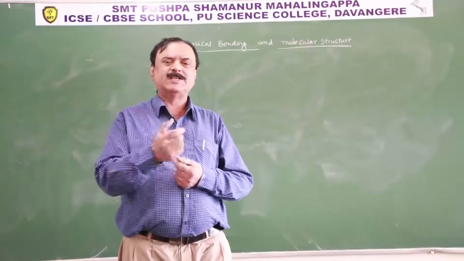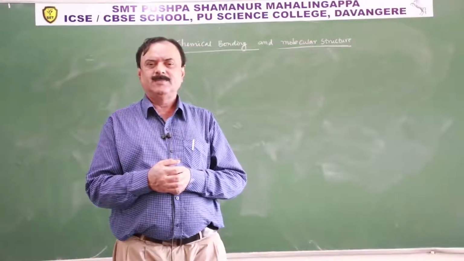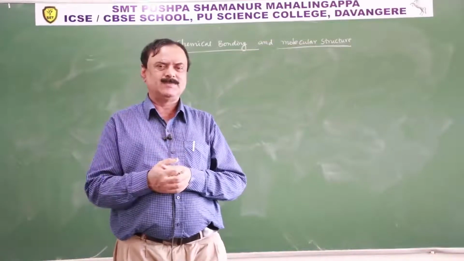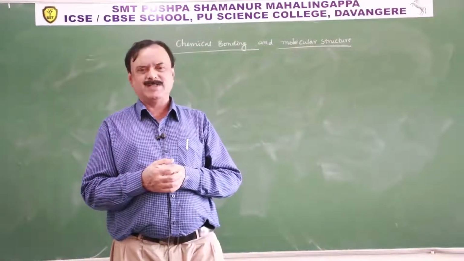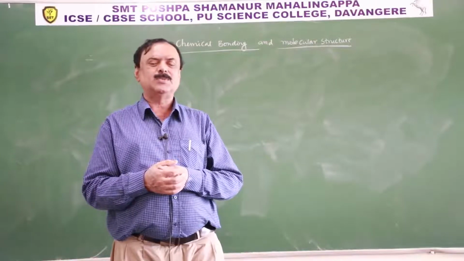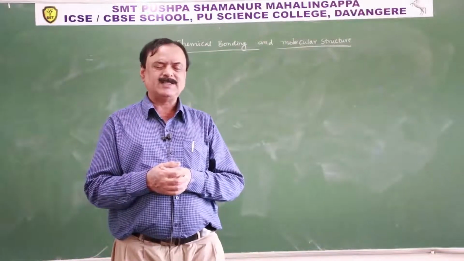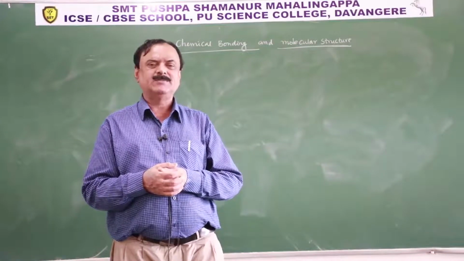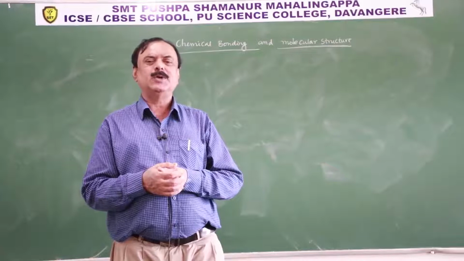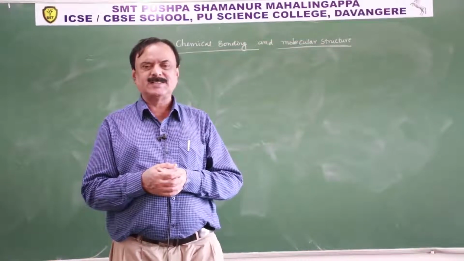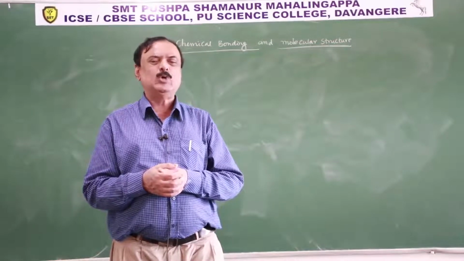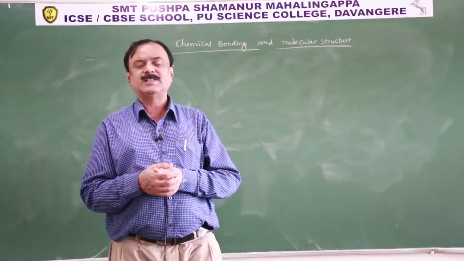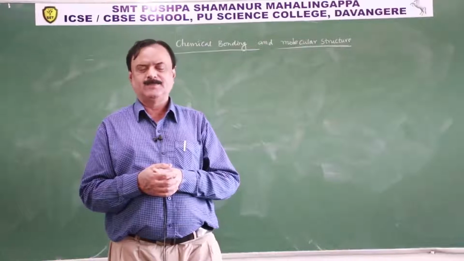Now, why do chemical reactions occur in nature? Because atoms combine to give molecules. Atoms are unstable, molecules are more stable. This implies that during the chemical reaction, atoms continue to gain electrons or lose electrons until they acquire the nearest noble gas configuration.